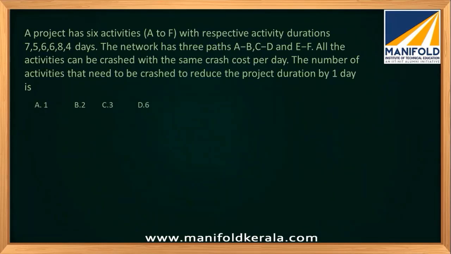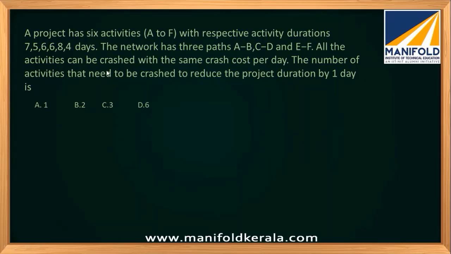Now let's discuss some questions which were asked in previous GATE question papers for ME and PI from PERT analysis. This is a question. It says that there are 6 activities, A to F. The duration is also given. The network has 3 paths: A, B; C, D; and E, F. All the activities can be crashed with the same crash cost per day, so the cost slope will be the same.